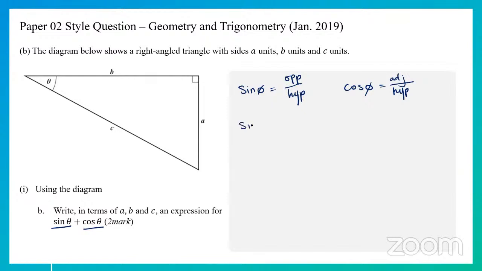So sine theta, using this theta here, our opposite side is going to be A right here.